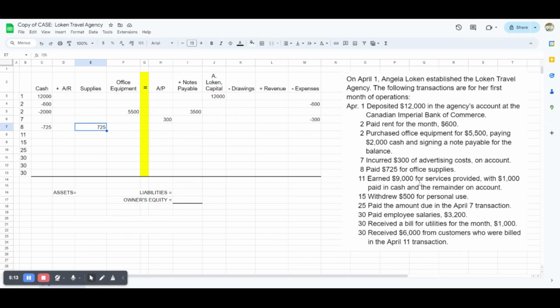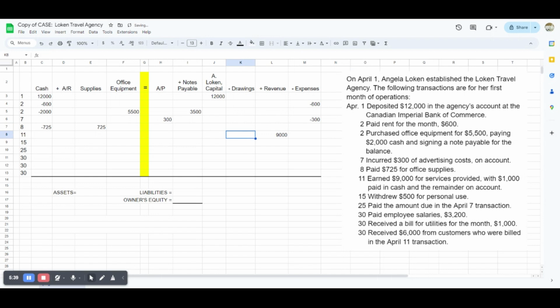This means that the service you provided was worth $9,000, and that's the amount you should get. And whenever you do a service that your company is supposed to provide and you get money for it, it goes into revenue because it's going to increase your owner's equity.